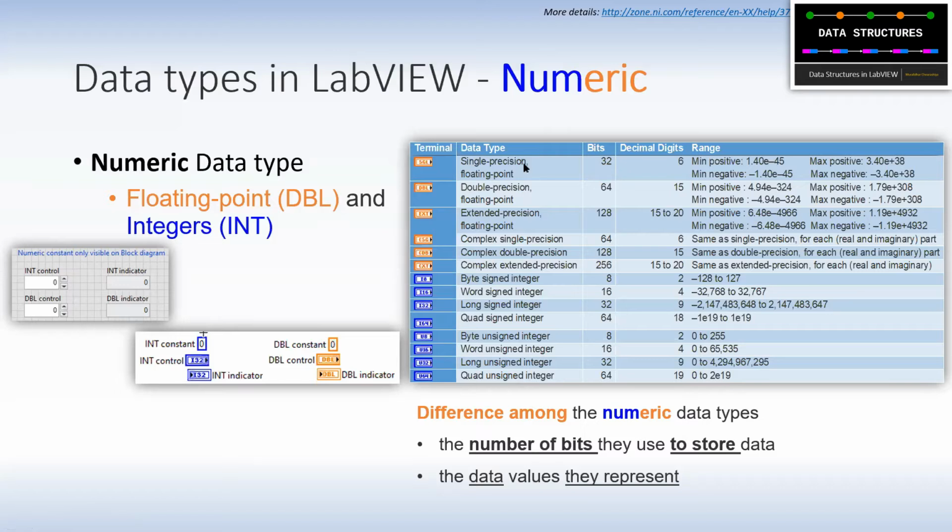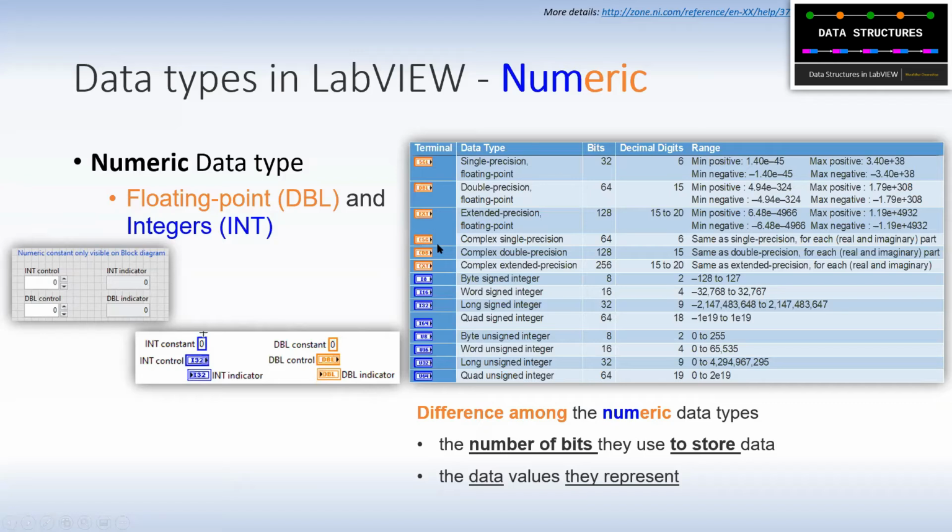For example, we generally use this many bits to store a number. When I use this double control, LabVIEW allocates 64 bits of memory for that particular number.